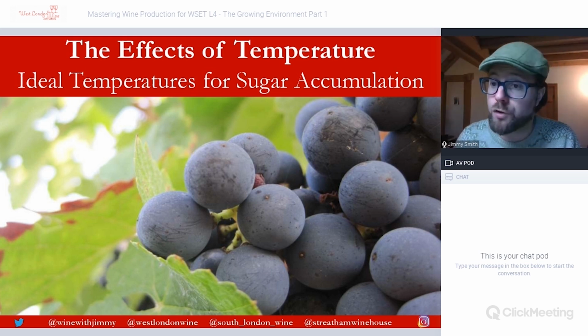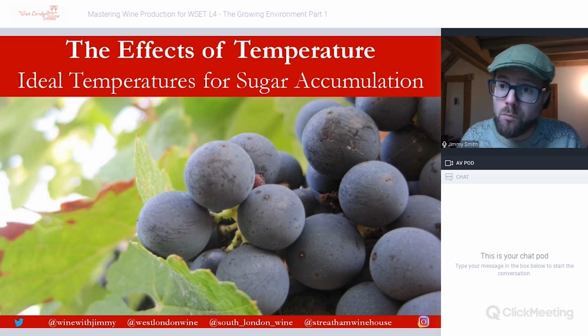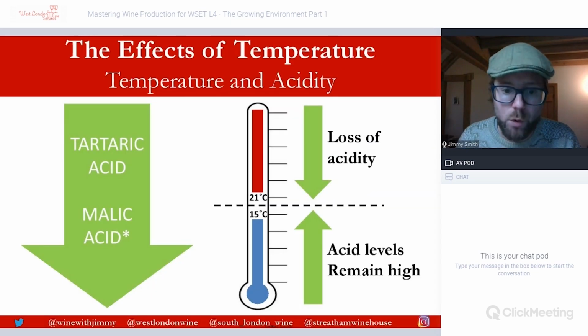This produces sugars and increased grape transpiration. So the warmer temperatures mean the grape is transpiring more, so water is being brought up more from the extended root systems, and that promotes better movement of glucose through the stem and finding its way to the grape. So ideal temperatures are quite warm at this point.